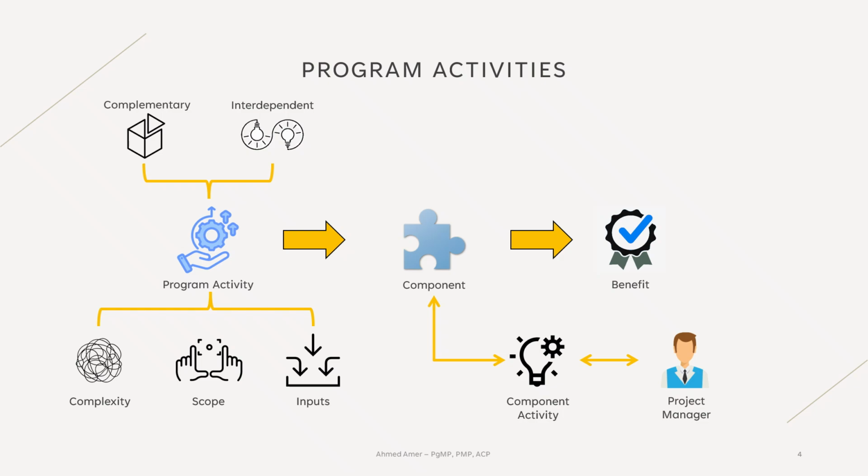Program activities operate at a higher level than projects and components. They deal with multiple projects, subsidiary programs, and even other programs. They address links between the program and organizational strategy. While programs may utilize component level information, program activities should integrate the information to reflect a program perspective.